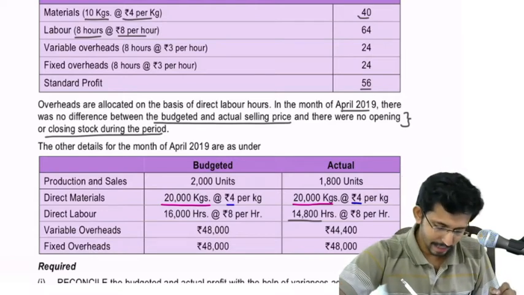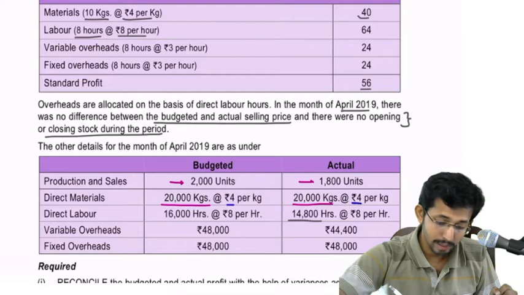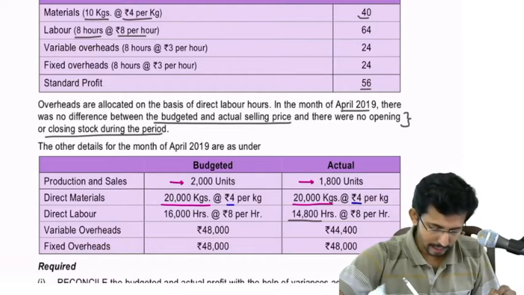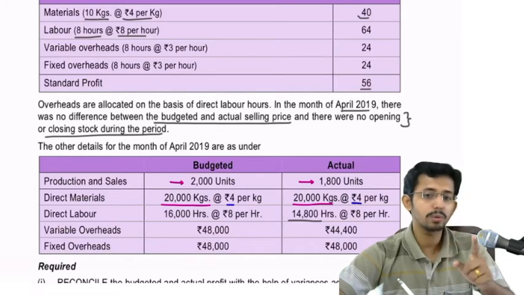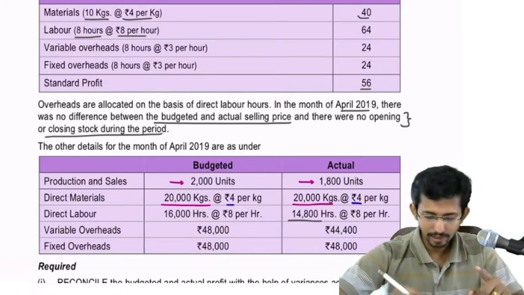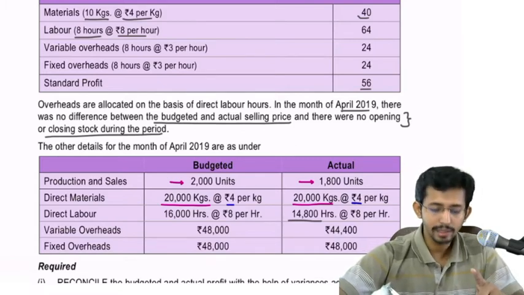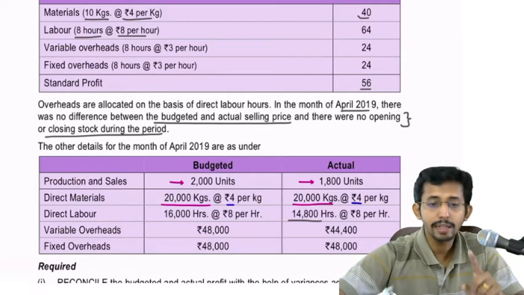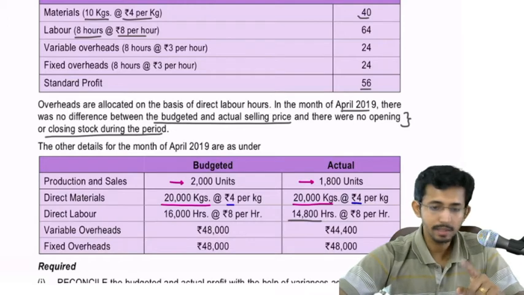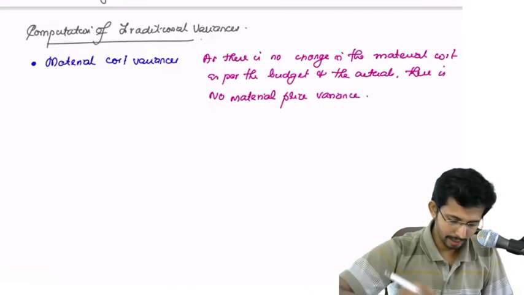There is difference in the output. Budgeted output was 2,000, whereas actual output is 1,800. This budgeted materials of 20,000 kilos work for 2,000 units, whereas actual 20,000 kgs were consumed for 1,800 units. So there is usage variance. Is it clear? Okay, so you can write a note.